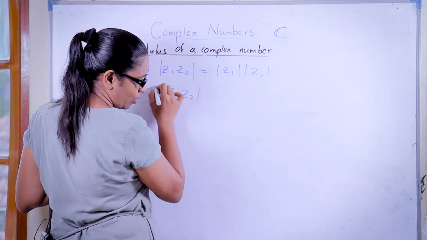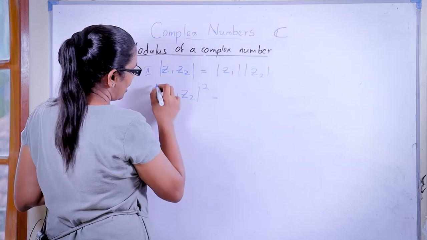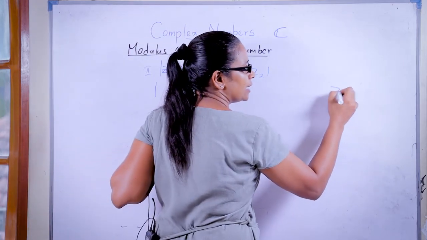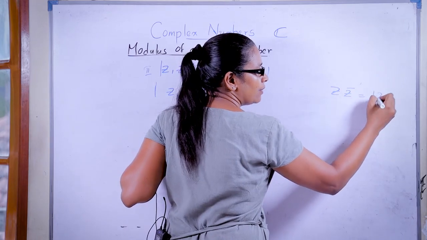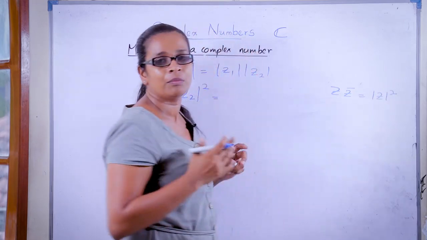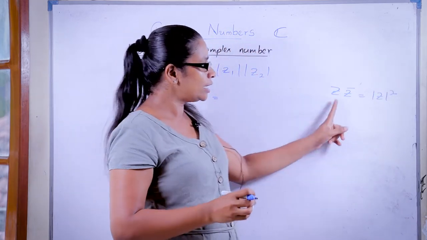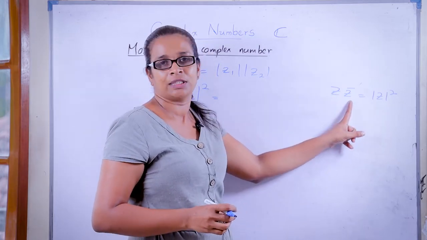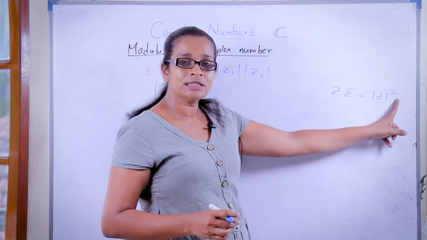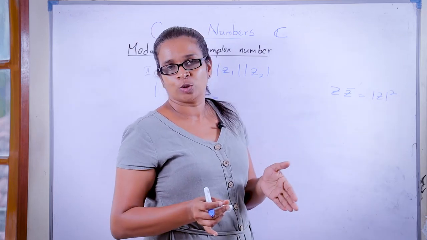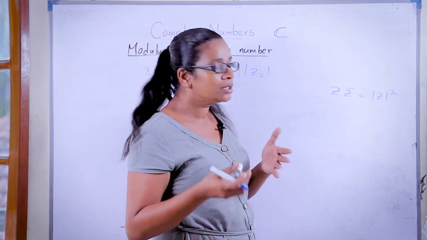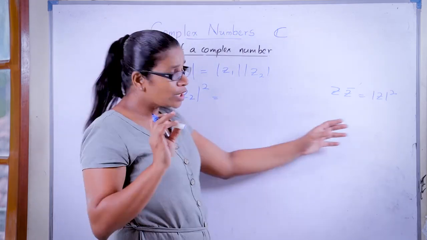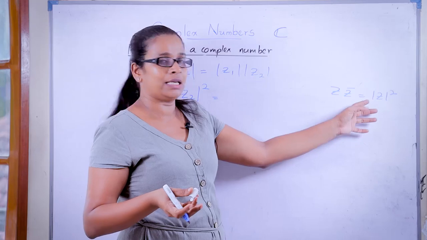Now you can remember the first theory I explained: z into z bar equals the square of the modulus. That means a complex number multiplied by its conjugate equals the square of the absolute value, or modulus, of the complex number. I am going to apply this theory here.